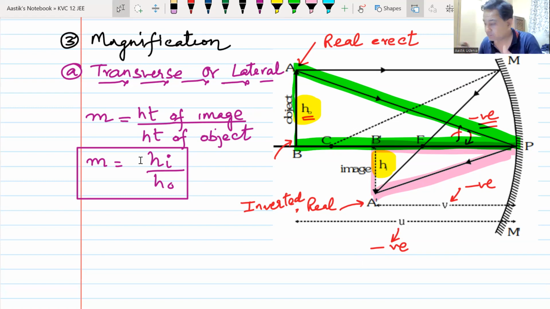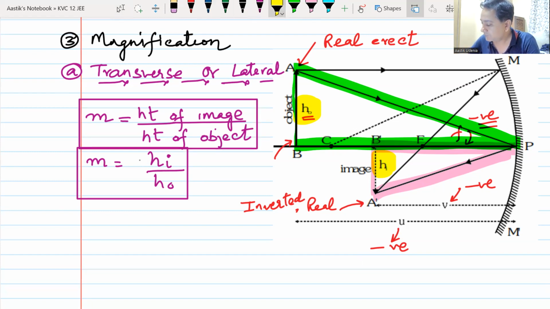This box is the definition of magnification. What doubt are you having, beta? This ratio is the definition.